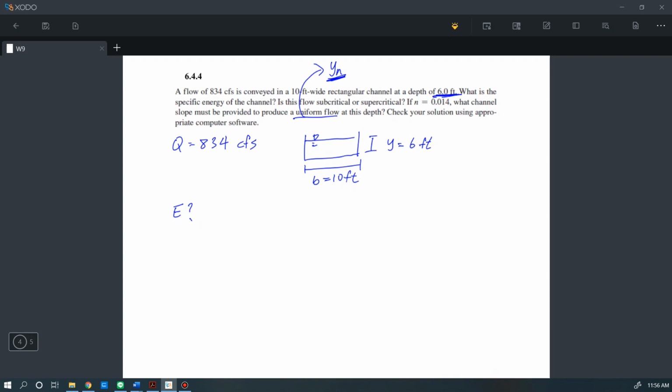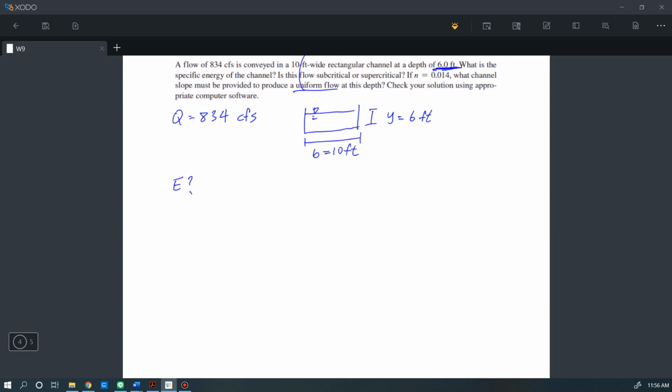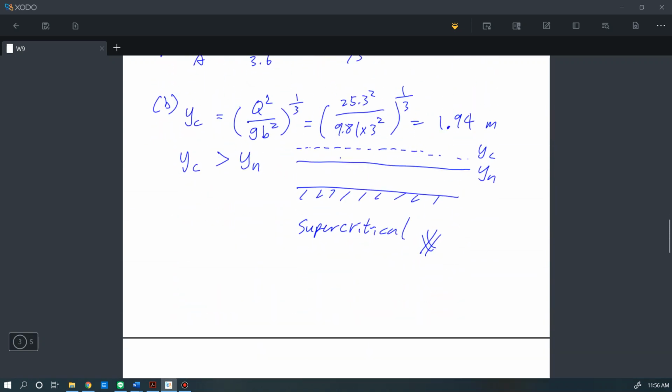Here, let's use the Froude number to classify the flow. The equation for the Froude number is V divided by (gD) to the power of 1/2, right?